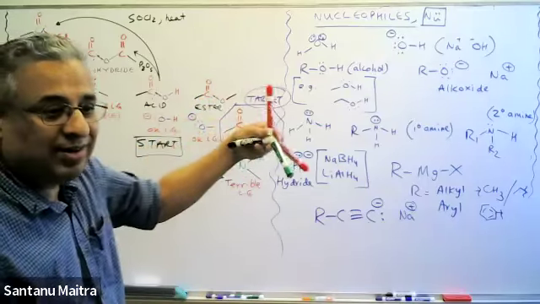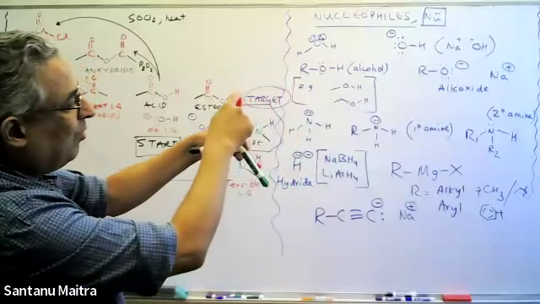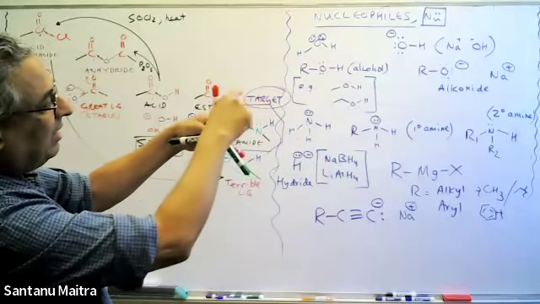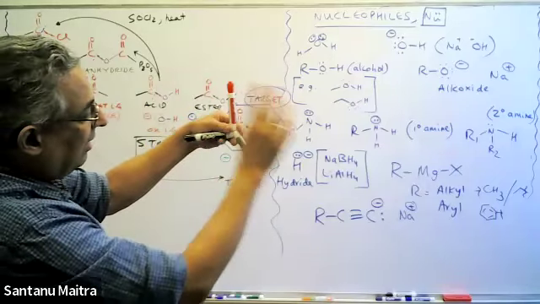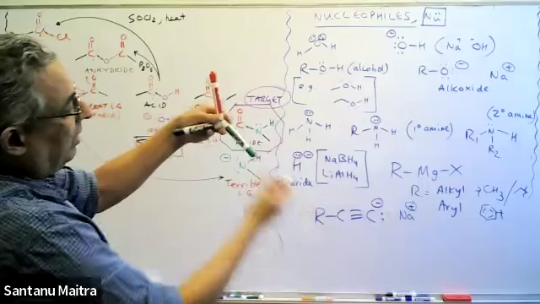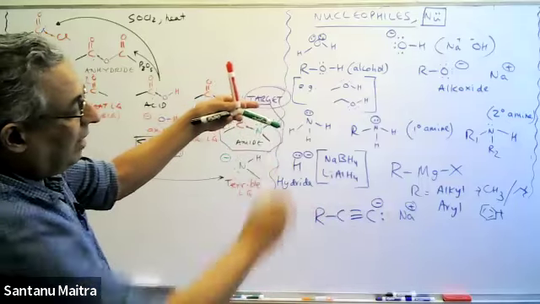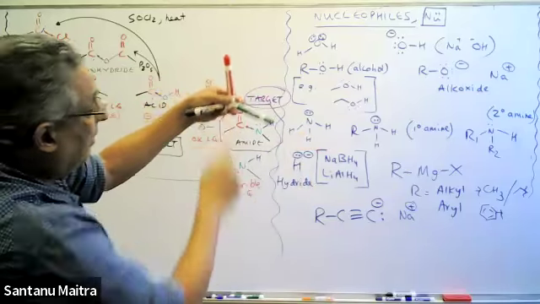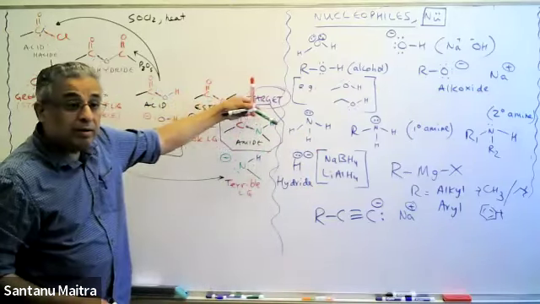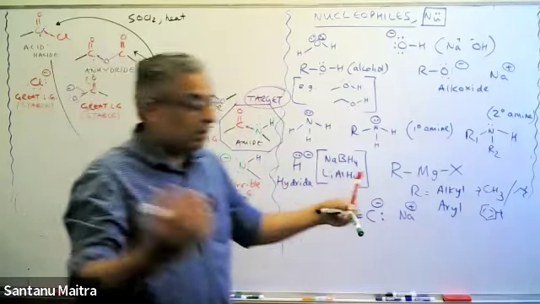You get the tetrahedral intermediate, that's O minus. O minus kicks back, becomes carbon double bonded oxygen, and kicks out the chlorine and becomes planar again. This is the leaving group, Cl minus out, and then you get the brand new amide bond. Does that make sense? I hope it makes sense.